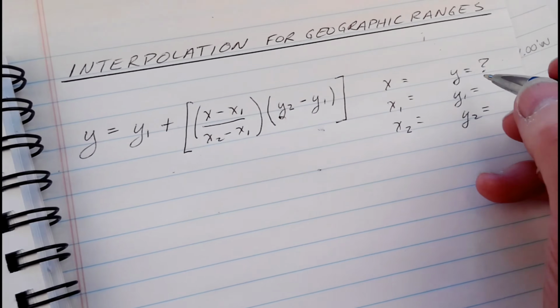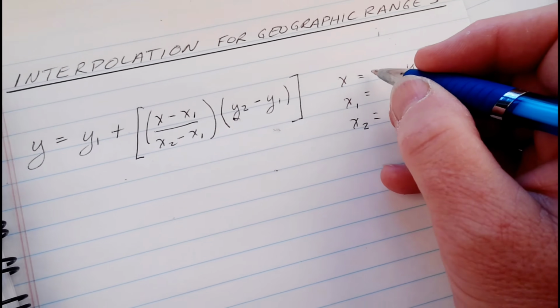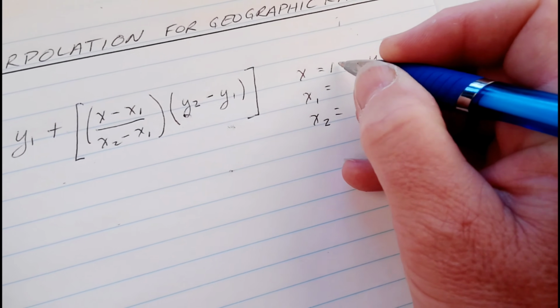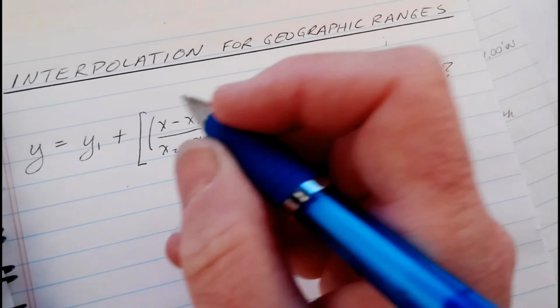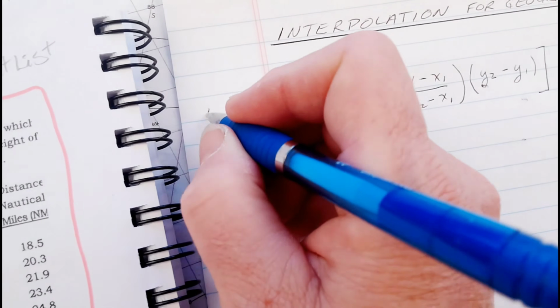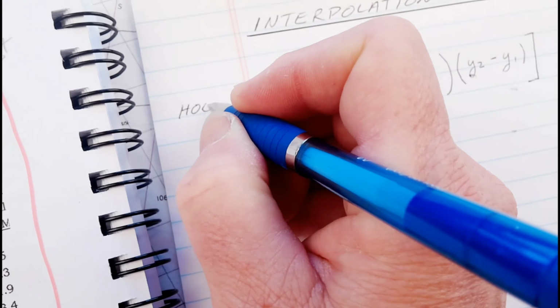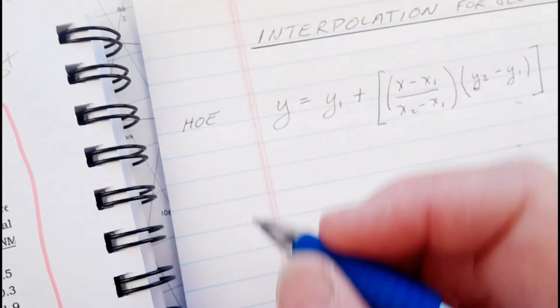X is actually what we're asking about. So that's 12. This is going to be for our height of eye, us standing in the cockpit.